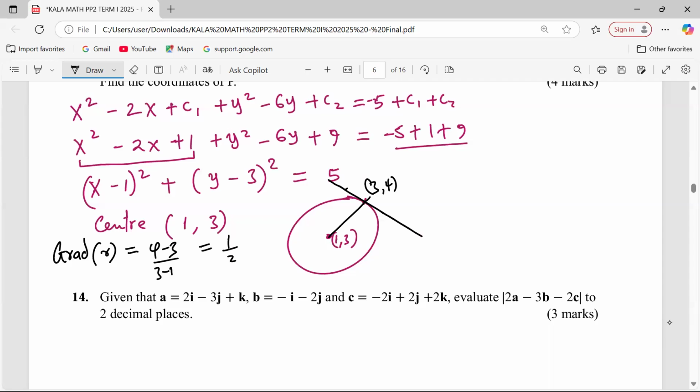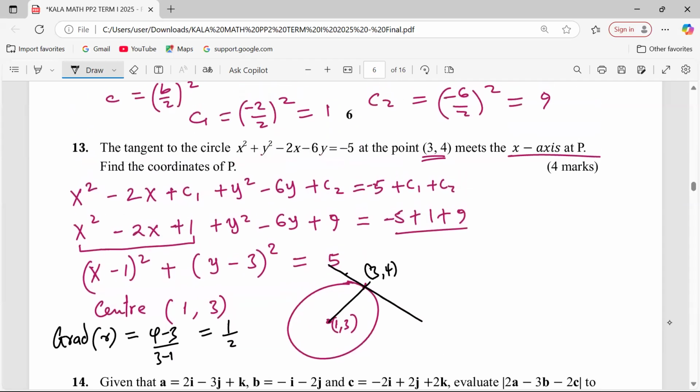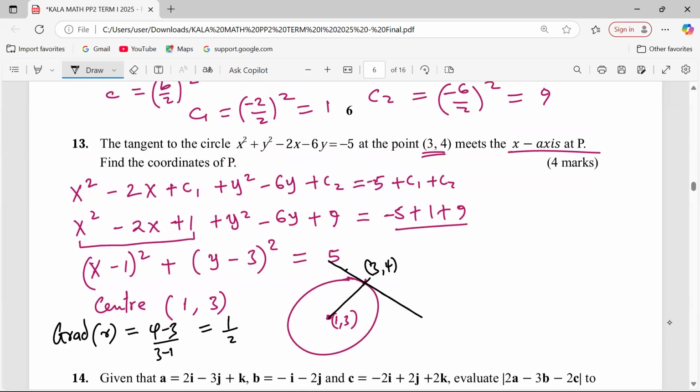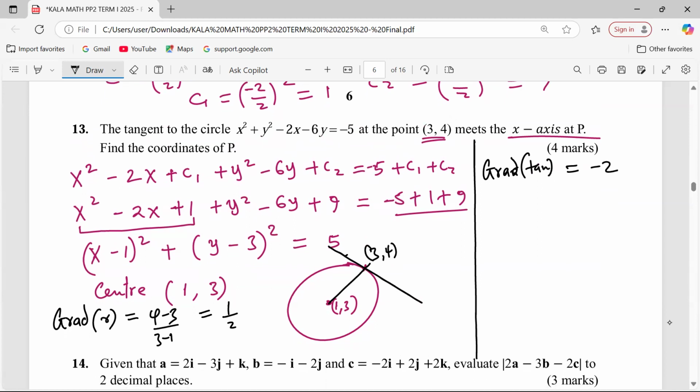The gradient is half, which means radius and tangent always meet at 90 degrees, so they are perpendicular to one another. So we can get the gradient for the tangent. The gradient for this tangent shall be negative 2, so that when the two gradients are multiplied, they give us negative 1.